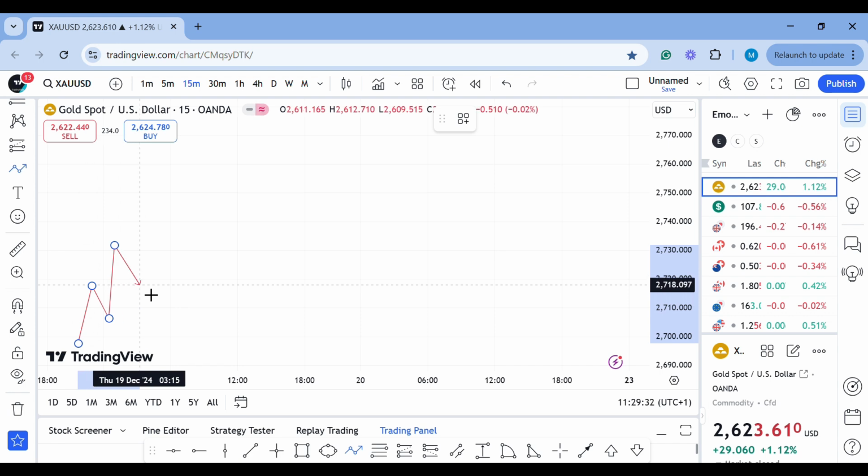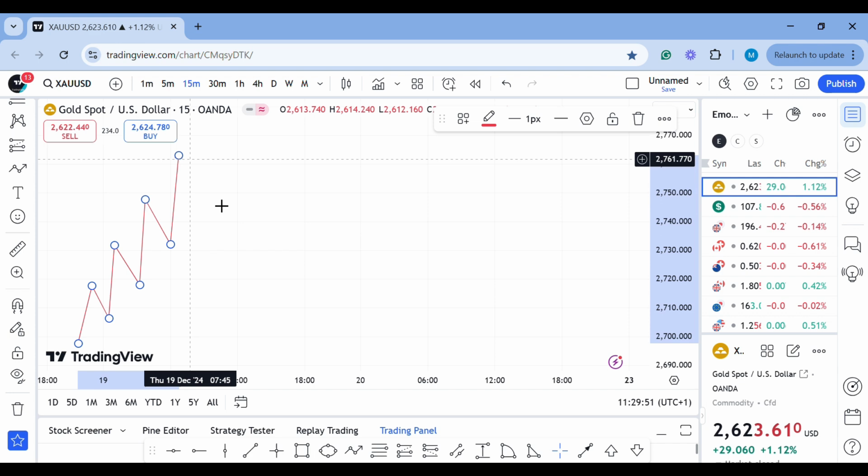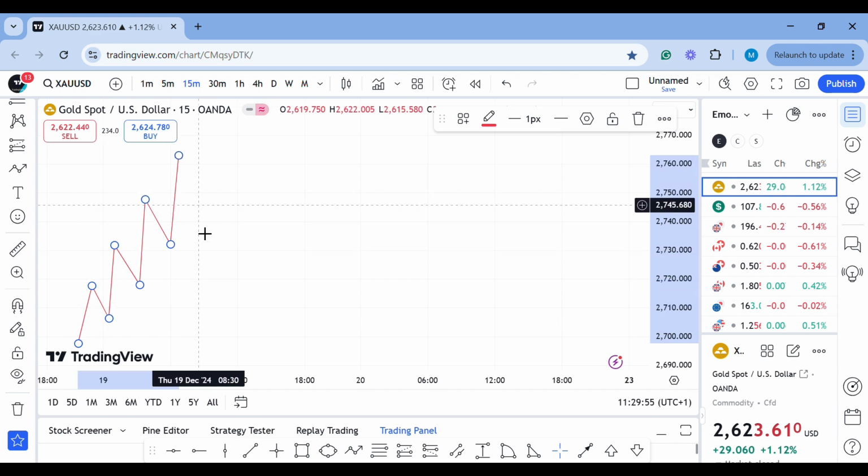So a correctional move to respect that zone, and an impulsive move that will break above this previous high, for us to have another higher high, another correctional move, then an impulsive move. That's how it moves. It keeps breaking its highs. That's to tell you we are in an uptrend. That's for the first wave pattern.